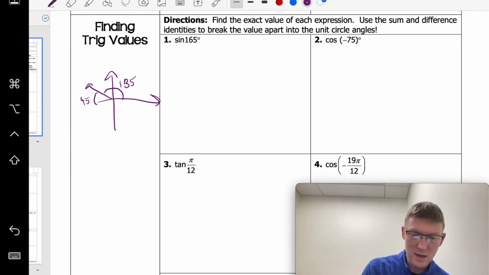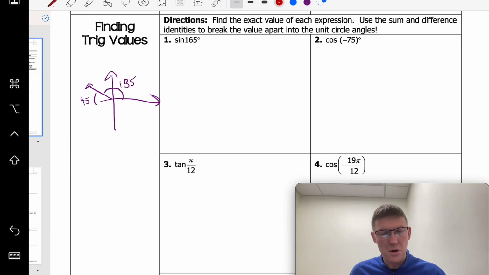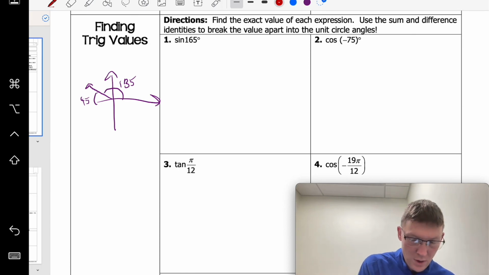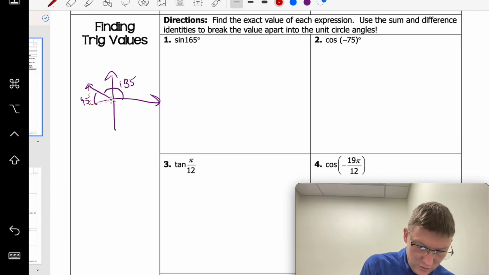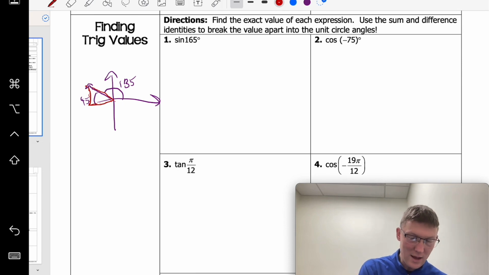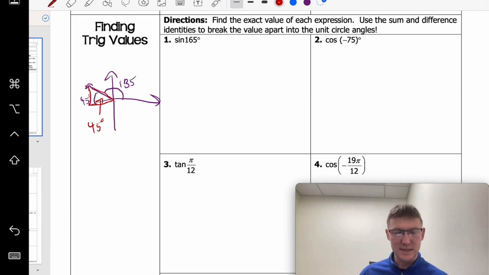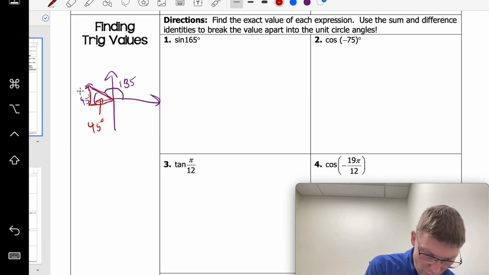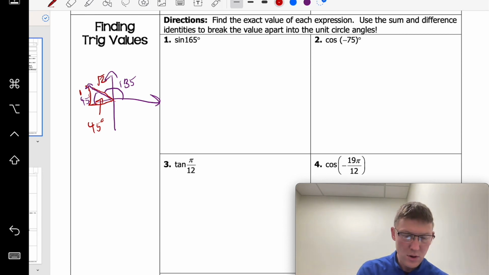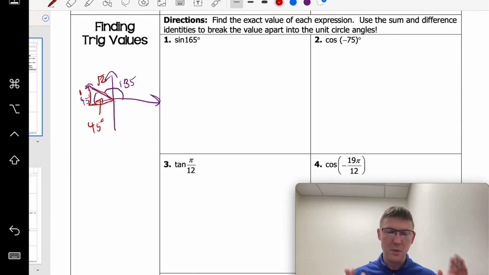So when we find, let's say, sine of 135, we would just use this reference triangle right here to figure that out. We would use this as a 45 degree triangle, in which case sine of 135 would be 1 over square root of 2 or square root of 2 over 2. So that's what they're referring to, trying to find those angles that we know how to find in order to break this thing up using the sum angles and figure it out.